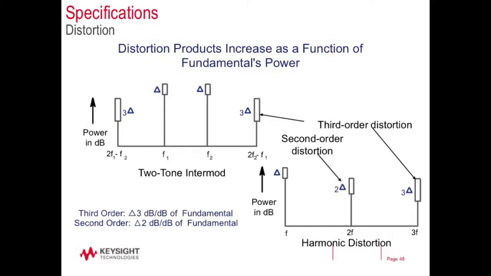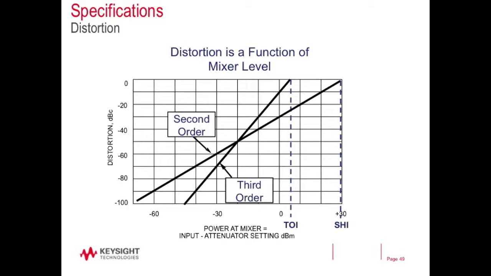So why do I talk about that? Because we've got something in our data sheet where we take advantage of that. You'll see this graph in our data sheets as well, and this is the distortion created by our signal analyzer versus the power at the mixer. The power at the mixer is your input signal minus your attenuation, so it's how much power actually hits that core mixer.